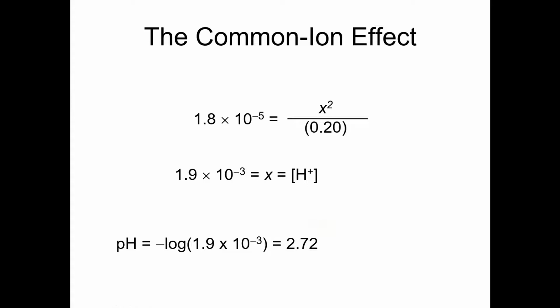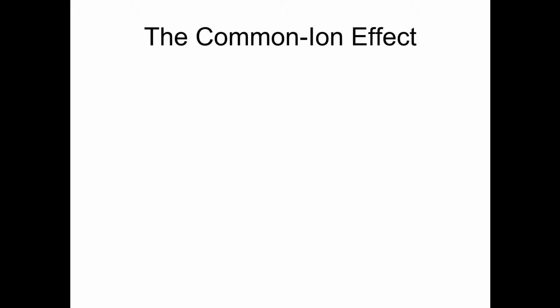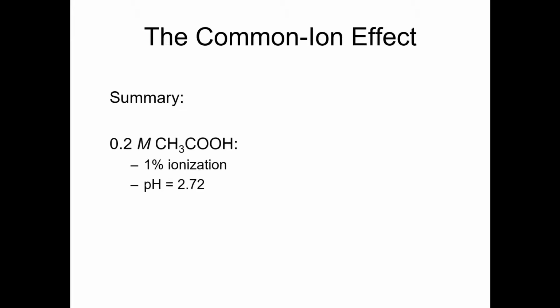Where this becomes really where the rubber hits the road and where you can see what's going on here is to compare the two results. Okay, so here's the summary of those two different experiments that I just went through. If I just have a 0.2 molar acetic acid solution, it ionizes about 1%, and the pH at equilibrium is 2.72.